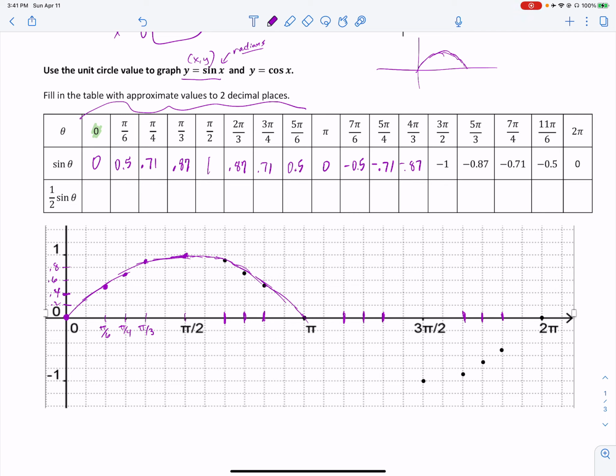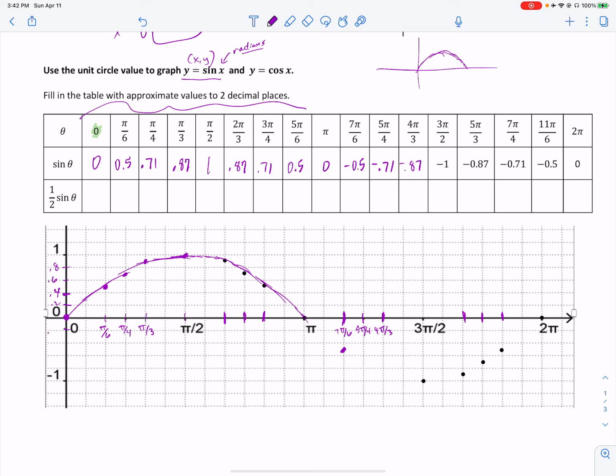And then if we continue, this value is that 7 pi 6. Then we have 5 pi fourths. And then 4 pi thirds. We're in that third quadrant. And 7 pi 6 is going to be a negative 0.5.